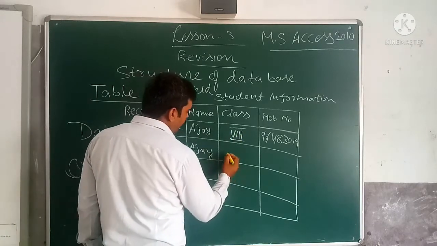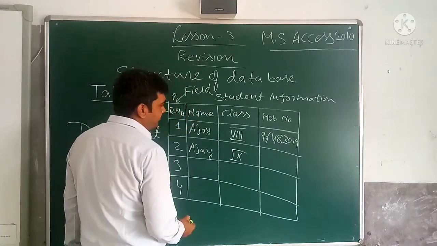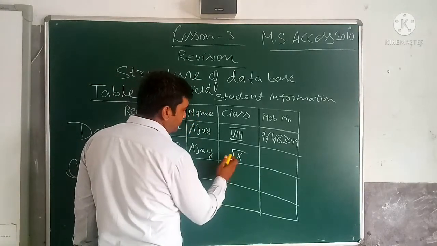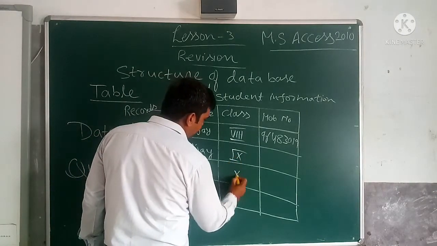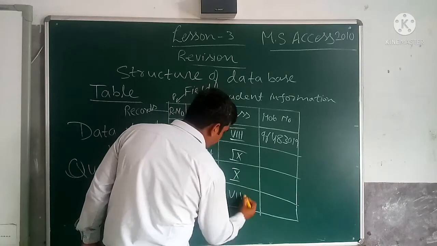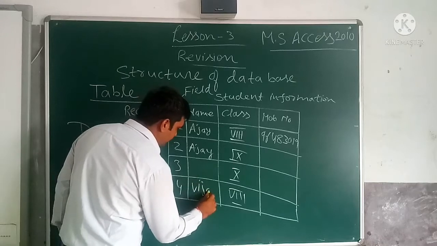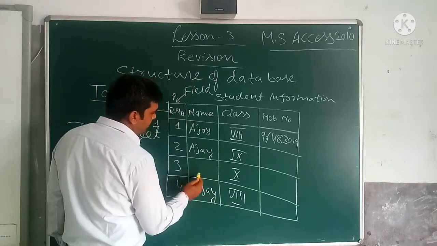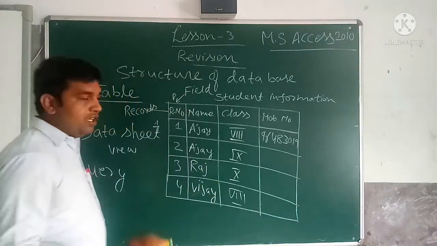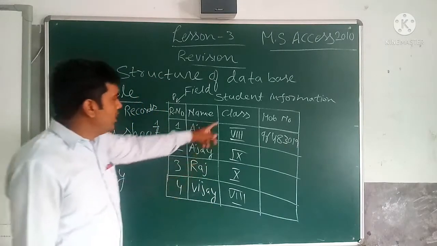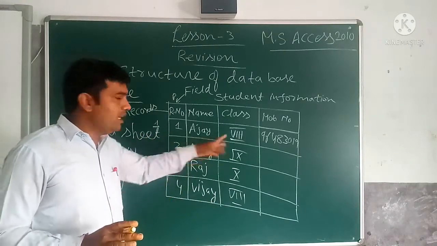Maybe the second Ajay is of class 9, another student is of class 10, another student is of class 8, and this may be Raj. So I want to see the records of those students who belong to class 8. That is the condition. I want to see only those records who belong to class 8.